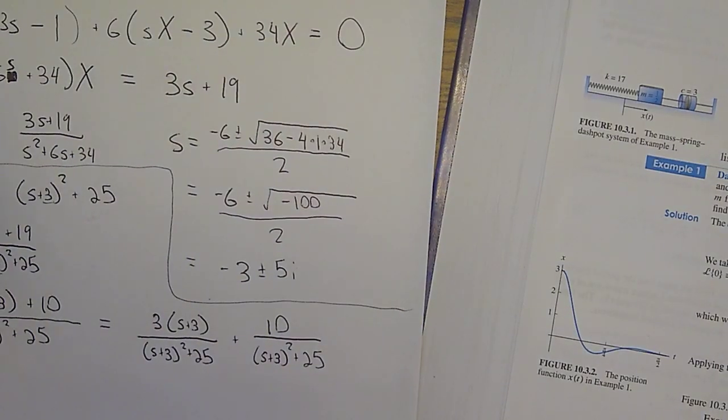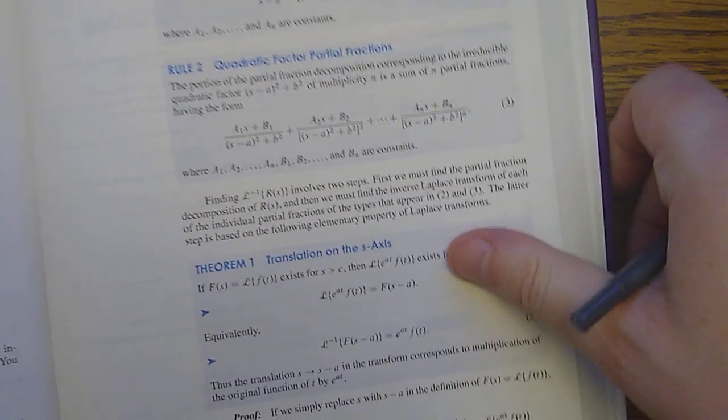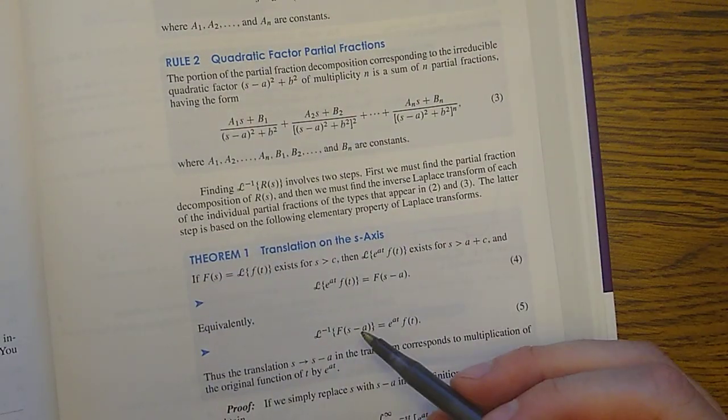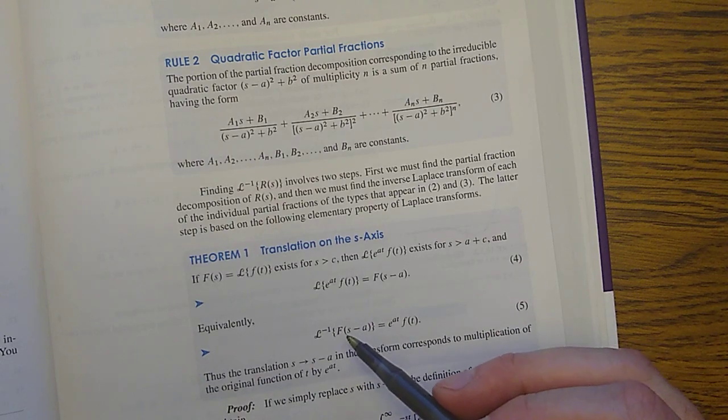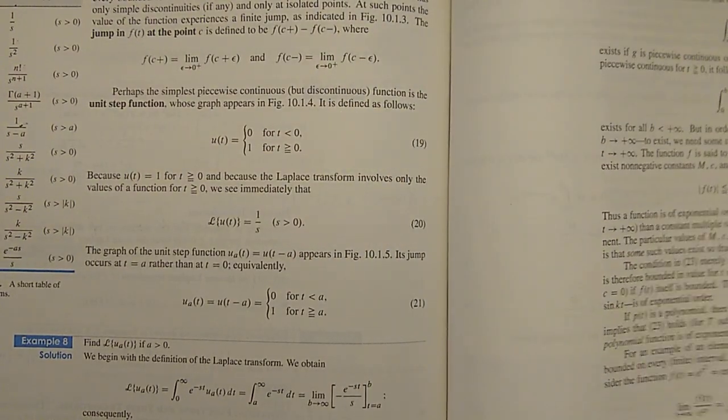First of all, we need to remember the rule for translation, which is this one, the inverse Laplace transform. If I have s minus a instead of s, then I get this. And I have to combine that with some of the rules that I know from 10.1.